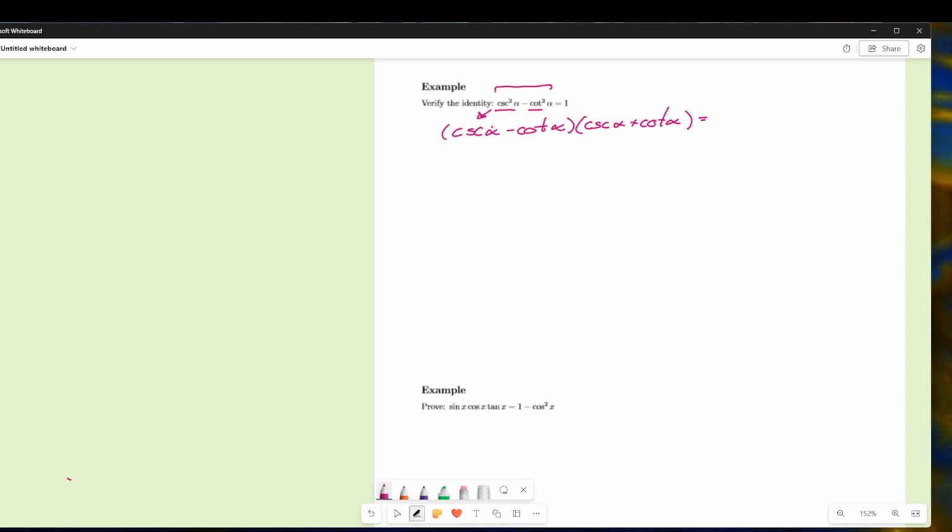The question is, does that then end up being helpful? Well, maybe it is, maybe it's not. Cosecant is 1 over sine, so 1 over sine alpha minus cosine alpha over sine alpha, and then 1 over sine alpha plus cosine alpha over sine alpha.